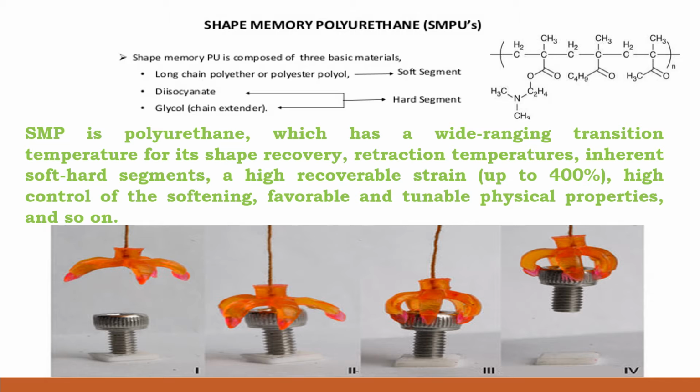Shape memory polyurethanes have good retraction temperatures. They have a wide range of transition temperatures, and this makes them so tunable in their physical properties.